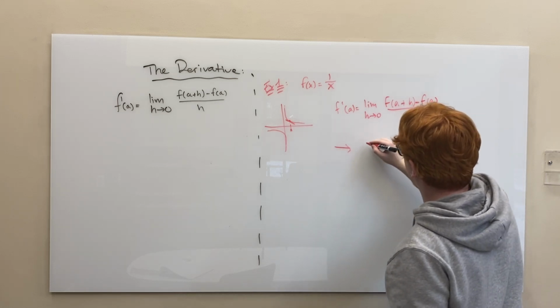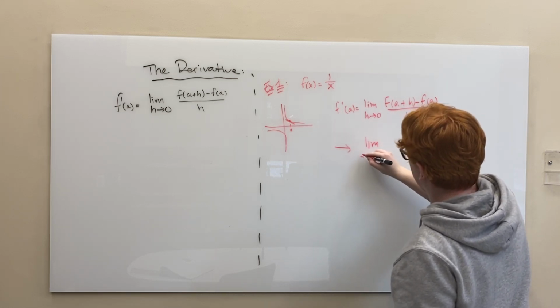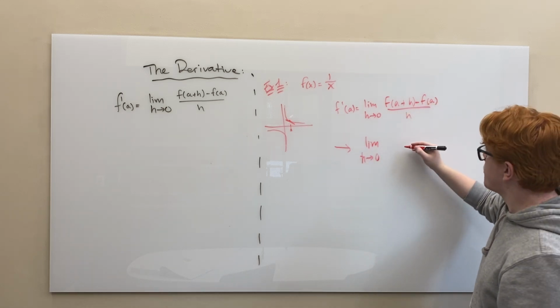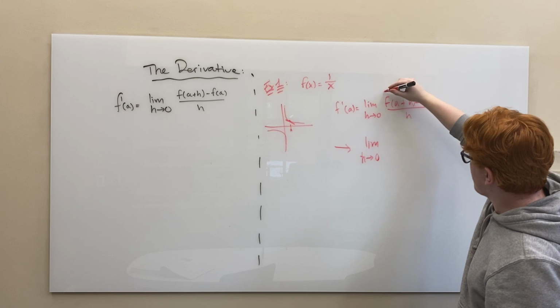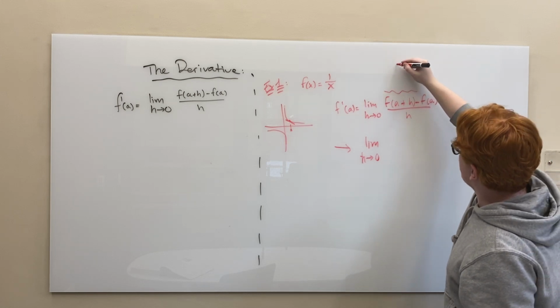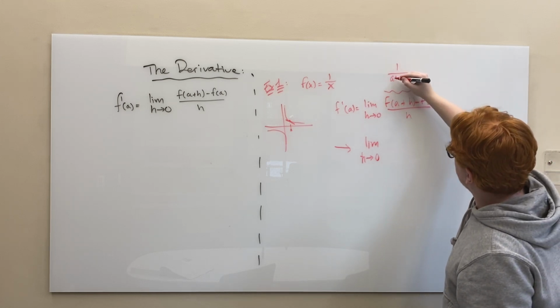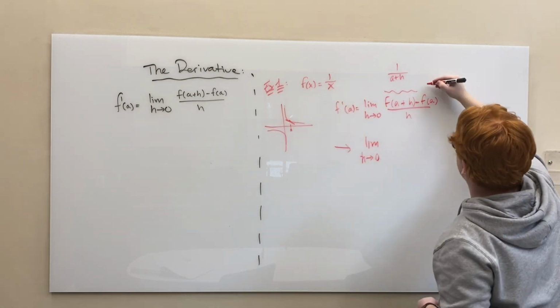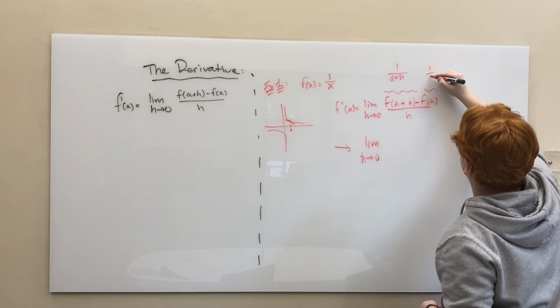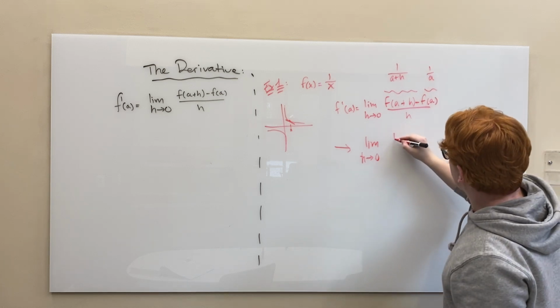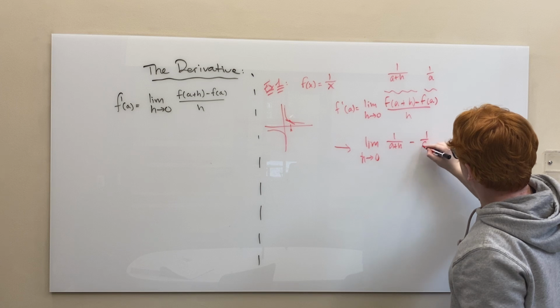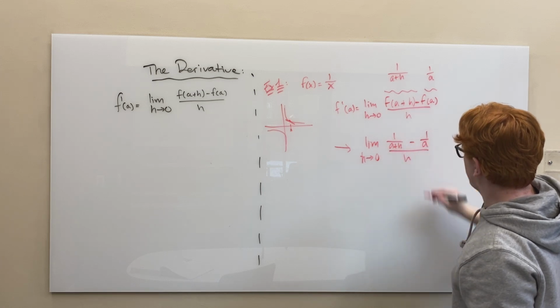On the next line, f of a plus h is really 1 over a plus h because our function is 1 over x, and this is 1 over a. So we have 1 over a plus h minus 1 over a, all over h.